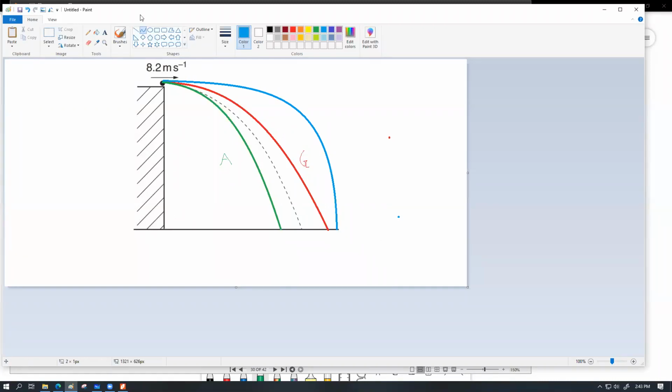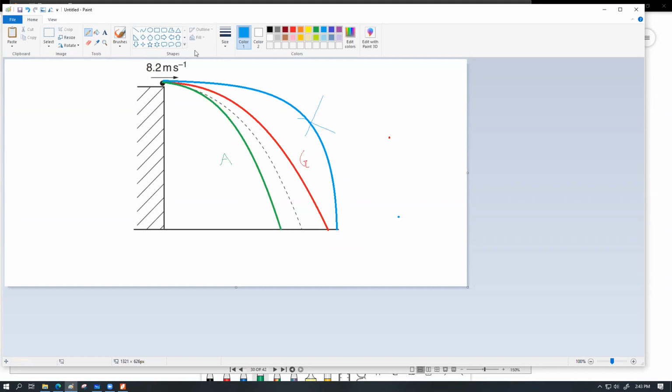This would be wrong as well. Why is this wrong? Because this is showing that the horizontal velocity component is becoming reduced. But that's not the case, because G was supposed to be the scenario where you have a greater initial velocity but no air resistance. So this would be wrong. Be careful about the endpoint gradient as well.